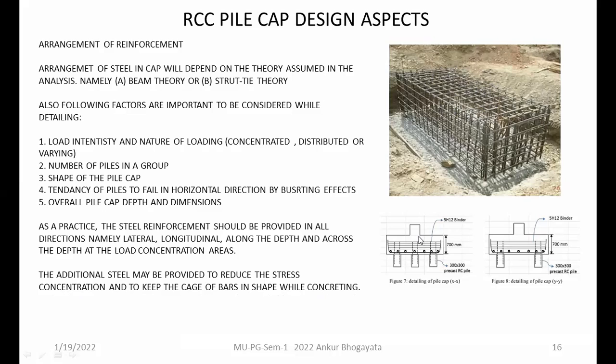Otherwise, you will start receiving cracks at the junction in the top surface. And you know very well, as a behavior of the concrete, once there is a significant crack, you cannot control it, not by retrofitting or by any method. You have to demolish it and reconcretize it. So that condition should be avoided in all possible cases.